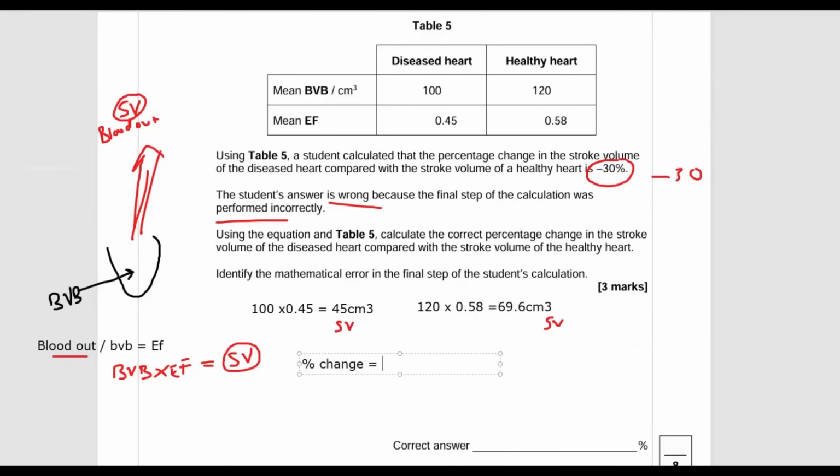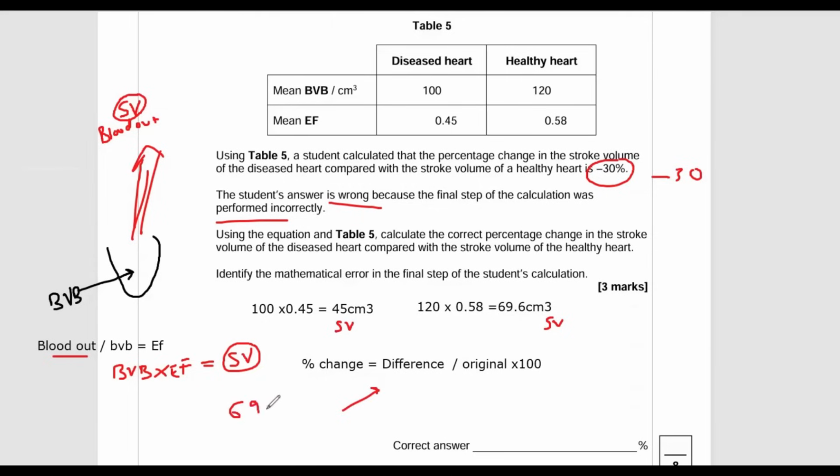So what is the percentage change? Well, the percentage change is the difference between your two sets of data divided by the original in the timeline, the first set of data. So here we're going to do the difference between the diseased heart and the healthy heart over the healthy heart.